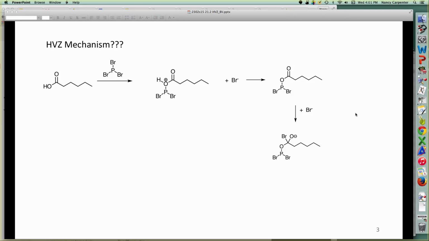Br minus is going to attack, let's see, an electrophile. What electrophile might that be? That electrophile. So that gives you the tetrahedral intermediate, and of course you know what happens then. We're going to pop back down, make our CO double bond, and kick out this fantastic leaving group.